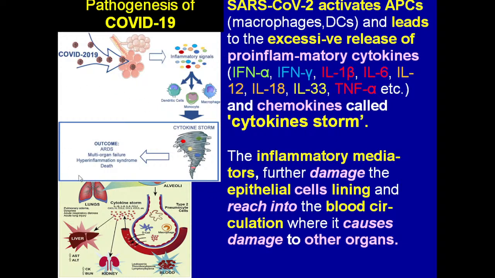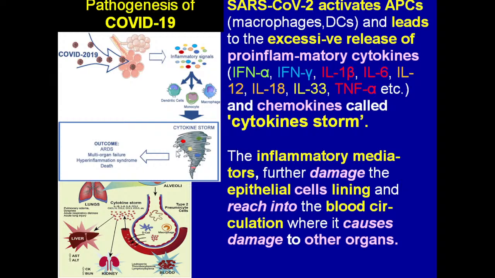Then that is the simplified scheme of the so-called cytokine storm, and the outcome is ARDS, multiple organ failure, hyperinflammation syndrome, and death. So when APCs are activated, that are macrophages and dendritic cells, they lead to excessive release of the pro-inflammatory cytokines. We mentioned them already, right? And some chemokines, that is called cytokine storm.